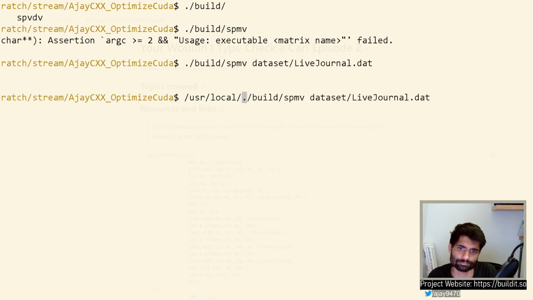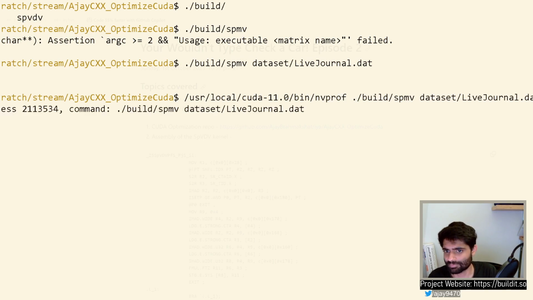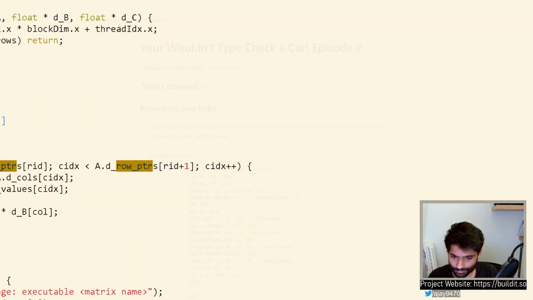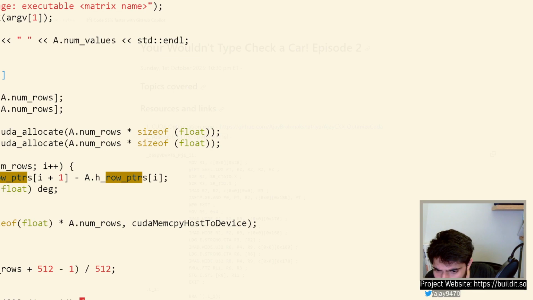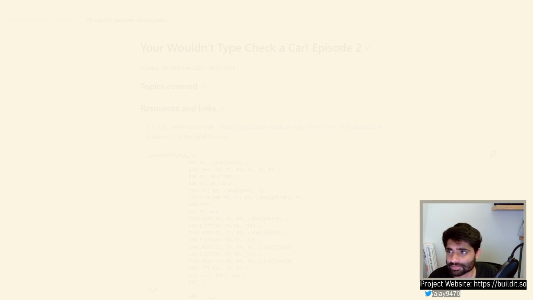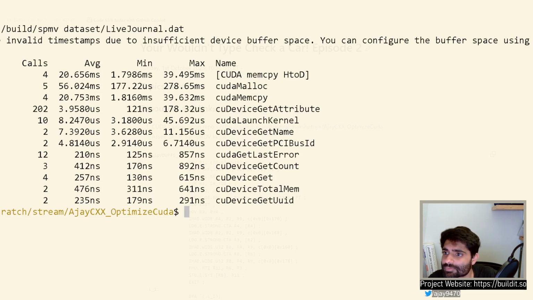Let's just do. There's also nvprof, by the way, which is a terminal version of the same program which prints. Yeah, it's not running. Sorry, the kernel is not running for some reason. Let me see what is happening.